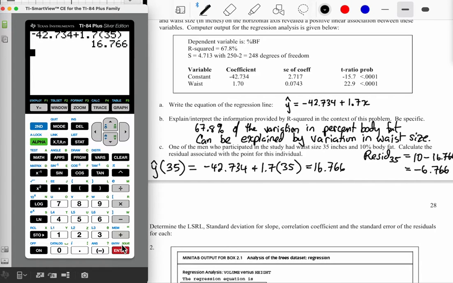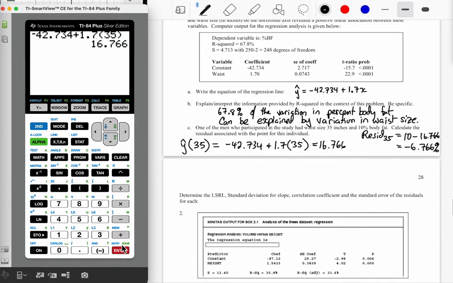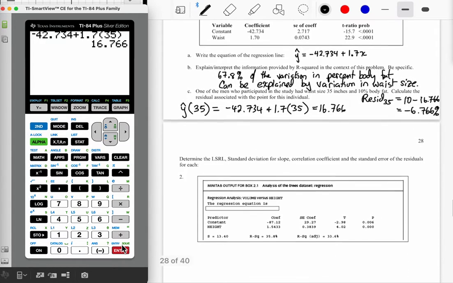It should have been 6.766 percentage points higher, but it came out computationally with a result of 10. So we want to make sure we get the units. In this case, it's percent, because the response variable was percent. So, you can see the different pieces of information that you can pull from the table.